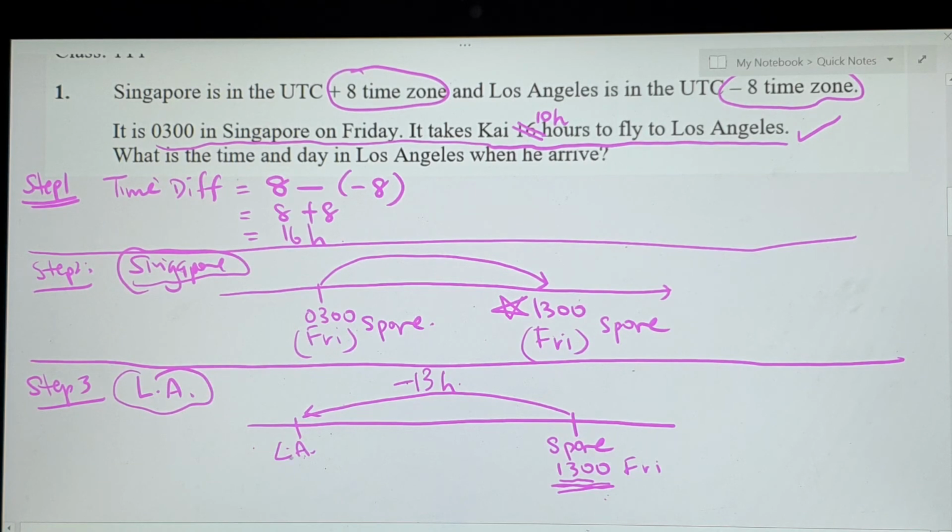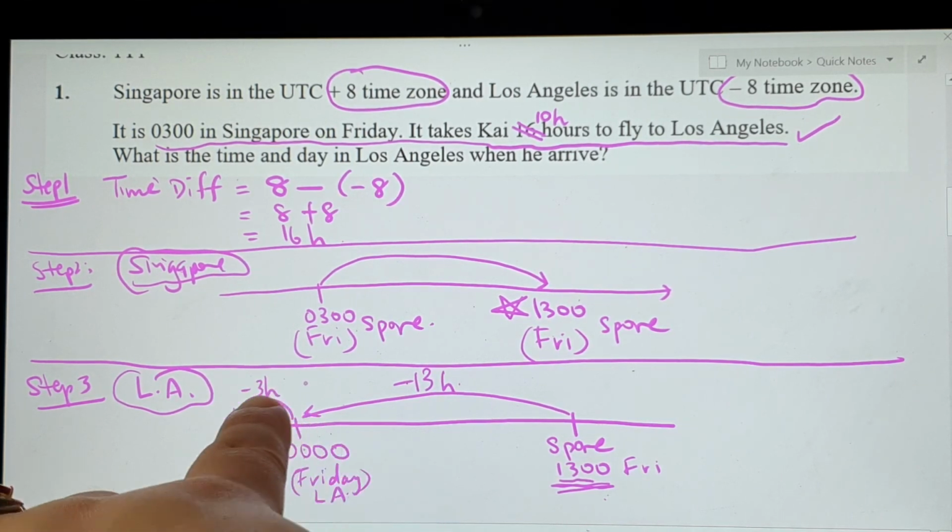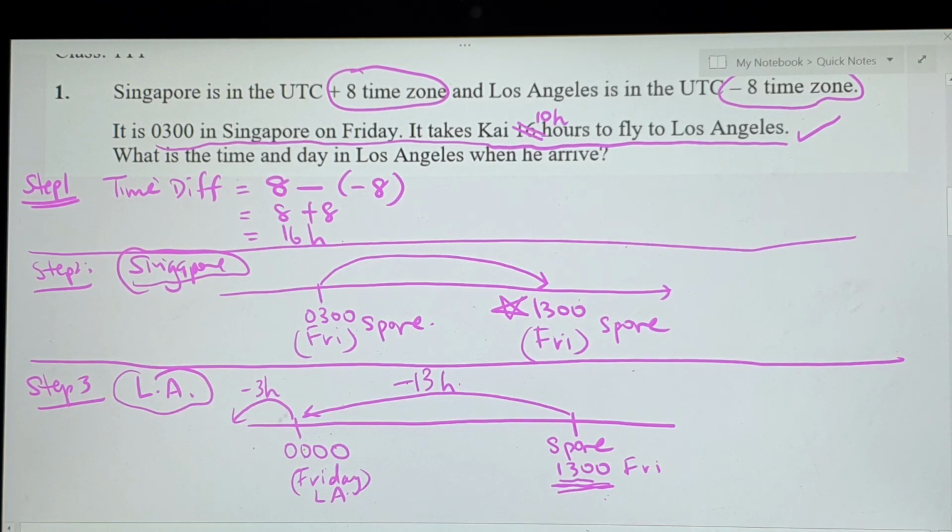So that I reach 12 o'clock. This is Friday midnight, right? This is LA. But you only minus 13. We need to minus 16, right? So you minus another 3 hours. That will be total of minus 16 hours.